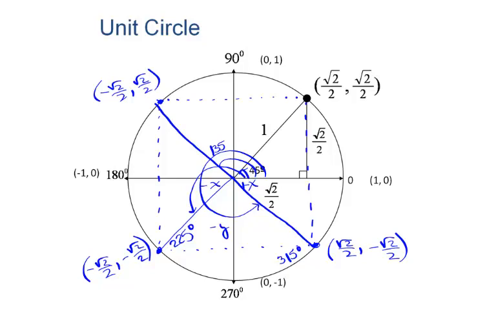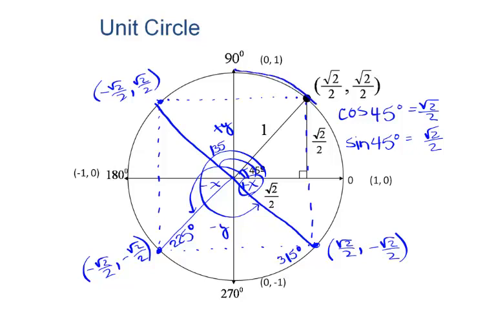So now, if I ask you, we'll just do this really quickly here, the cosine of 45 degrees in this unit circle has to be root 2 over 2. The sine of 45 degrees, also root 2 over 2. We're at the positive end of the x-axis and the positive end of the y-axis in this quadrant.